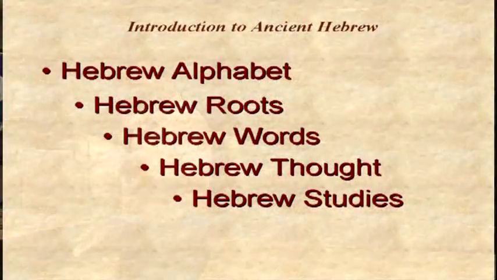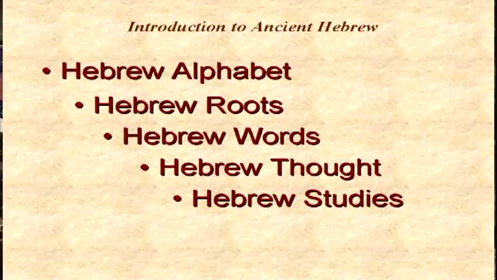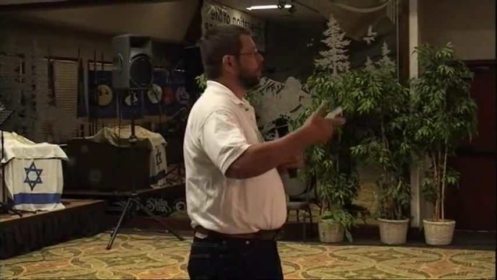We're going to take a look at the Hebrew alphabet. Just as an introduction, I'm not going to have the time here to teach you, and most of you are probably somewhat familiar with it. We're going to take a look at Hebrew roots. In the English language and most languages, and even in modern Hebrew today, you learn words as though they're an entity to themselves.